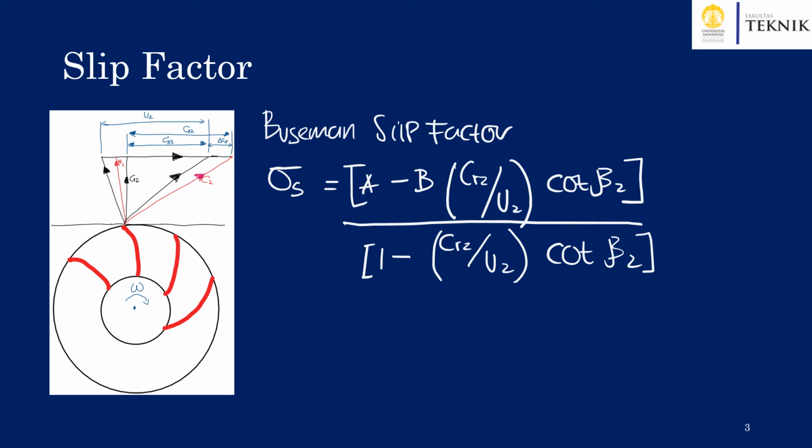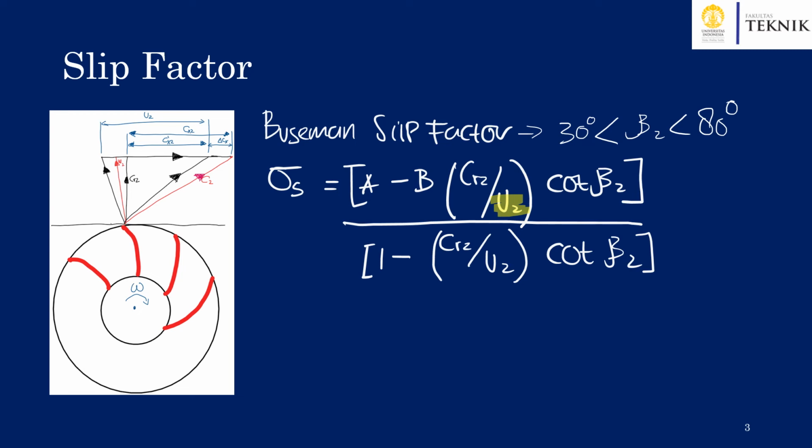When the blade angle is between 30 degrees and 80 degrees, we can use this Gooseman slip factor, which is a function of A minus B multiplied by CR2 divided by U2 and multiplied by cotangent of beta 2, divided by 1 minus the ratio of CR2 to U2 multiplied by cotangent of beta 2.